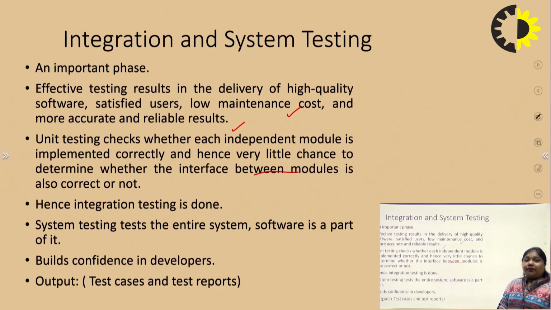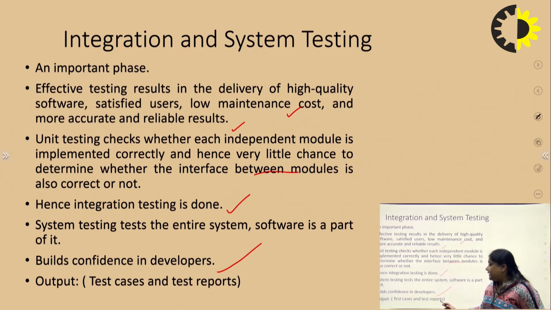So these components are checked independently to see that they are working fine. Hence integration testing is done. After unit testing, it is checked whether the modules work fine after integration. System testing tests the entire system, of which the software is a part. So it builds confidence in developers.